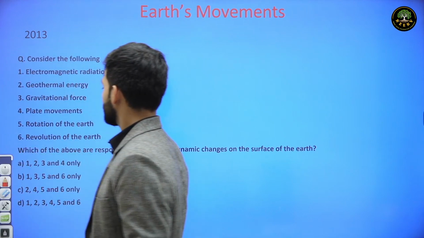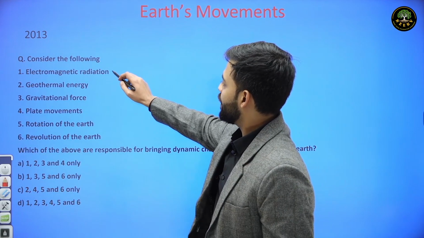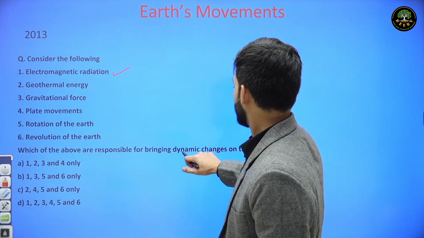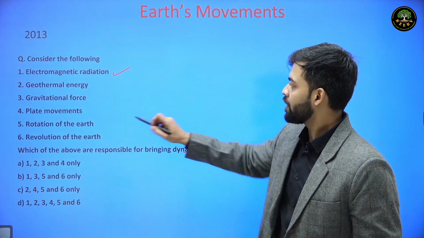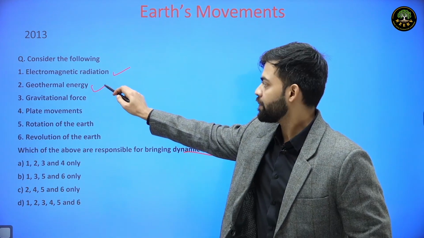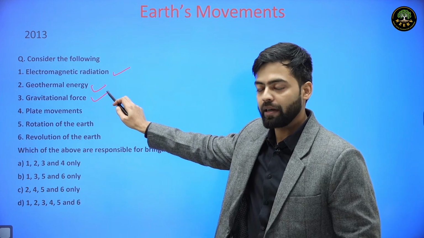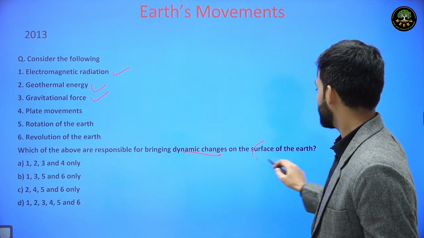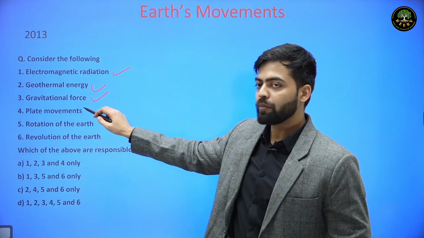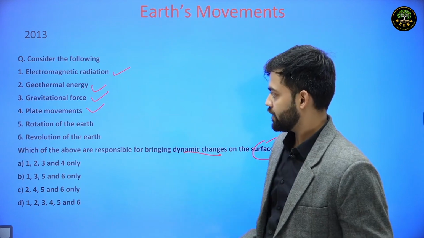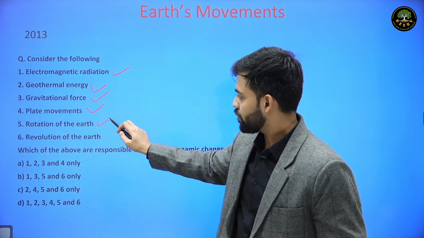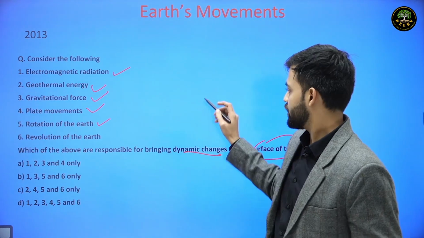So if we see this question again, electromagnetic radiation is giving dynamic changes. Geothermal energy causes dynamic changes. Gravitational force causes dynamic changes on the surface of the Earth, right? Plate movements also cause dynamic changes. Because of rotation of the Earth, what kind of dynamic changes?